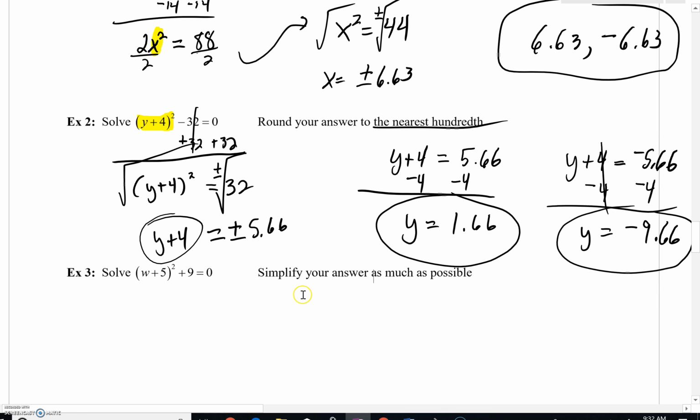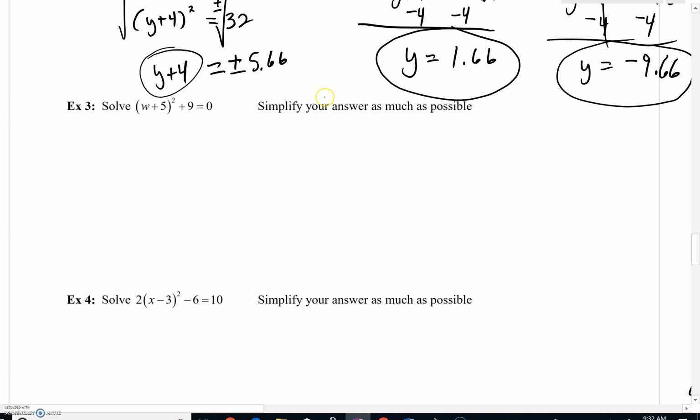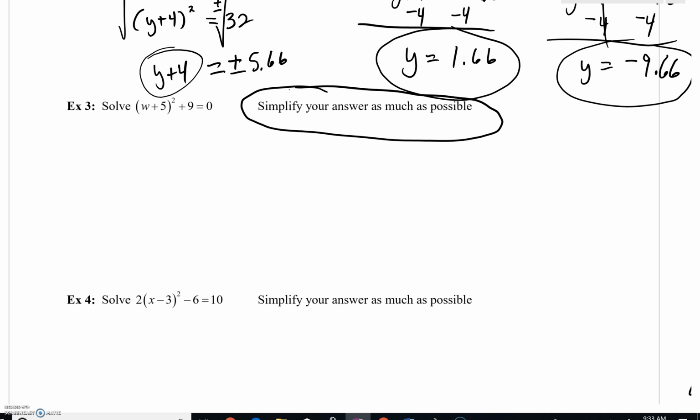As we move on to the next directions, please note you're just told to simplify here. And guys, if you're simplifying, you are not going to answer to the nearest hundredth. You're actually going to get radicals and then reduce your radicals as much as possible.